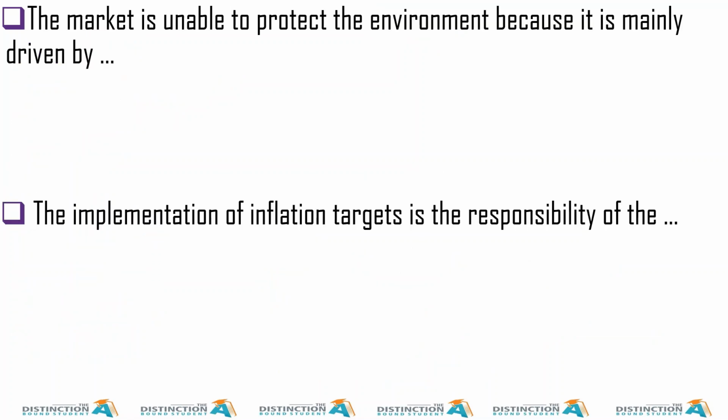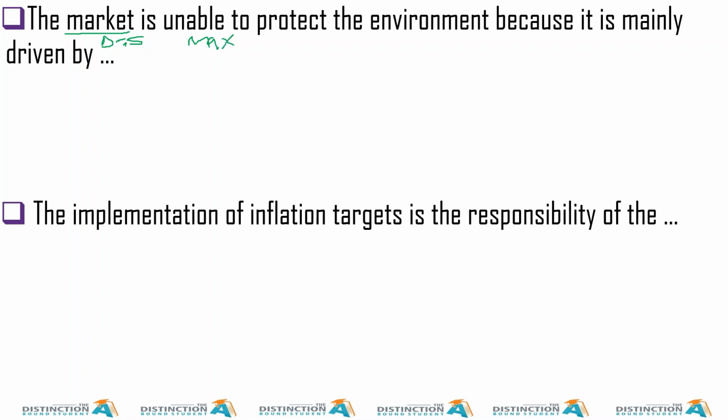The next one: the market is unable to protect the environment. Okay, the market, in other words, the free forces of demand and supply. You know the goal of every firm. The goal is to maximize profits.